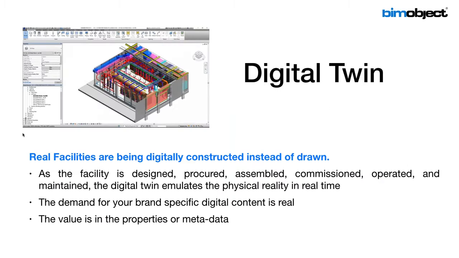So that's a digital twin of real facilities, as it's designed, procured, assembled. And that's where you guys, the SimScale platform, often comes in, in the engineering and design. That ends up being what gets procured, assembled, and commissioned.